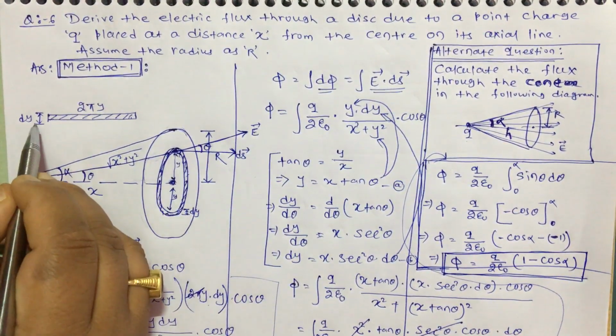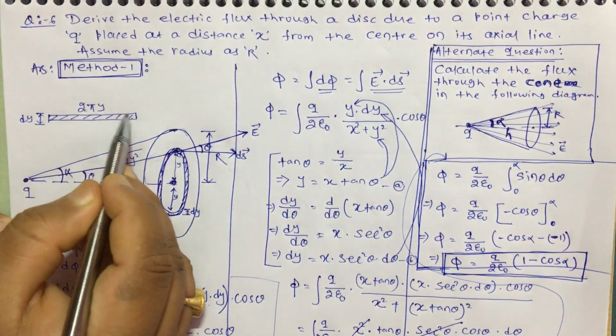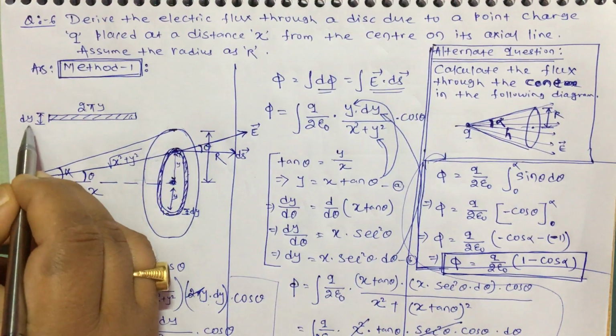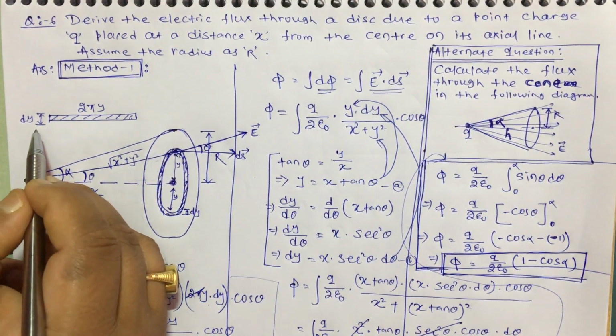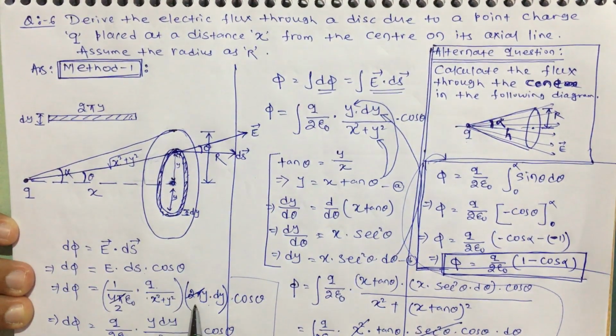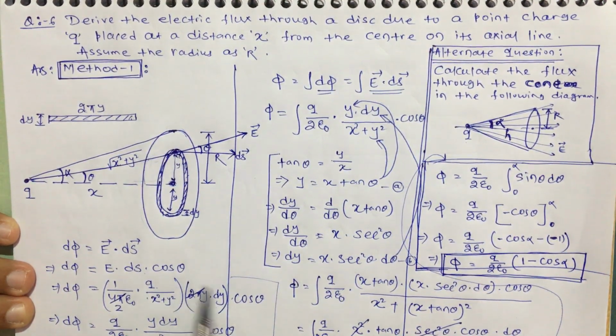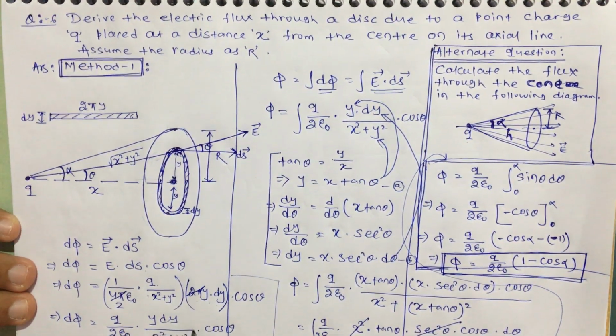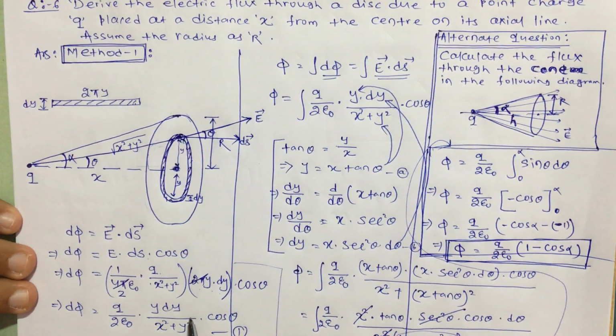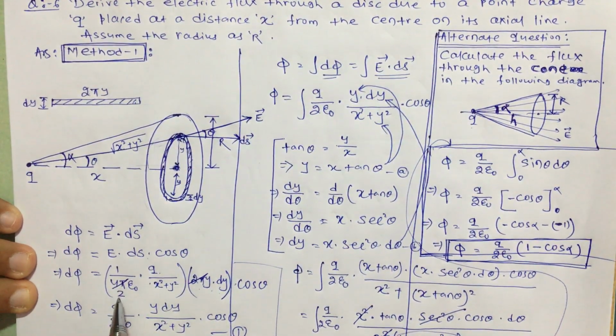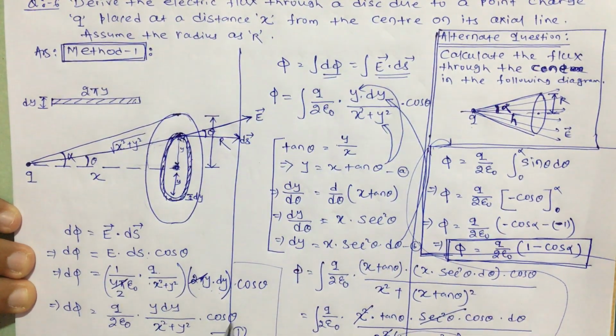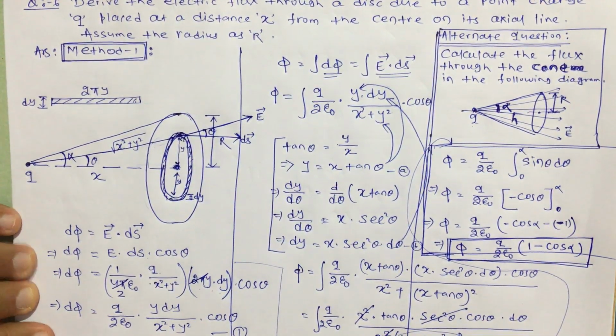And this thickness I have assumed as dy. So it is a rectangle having a length of 2 pi y and width of dy. Its area is going to be 2 pi y into dy, and cos theta is already there. Is it clear? In the next step, we can see that 2 pi and 4 pi cancel out, and I have written the remaining thing. So this is the d phi.